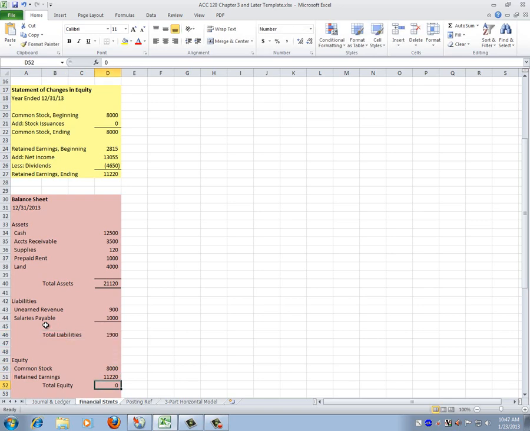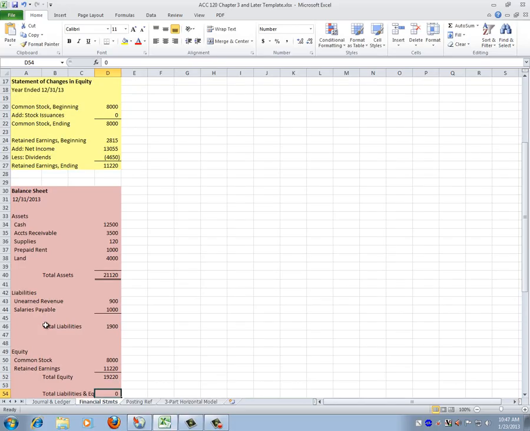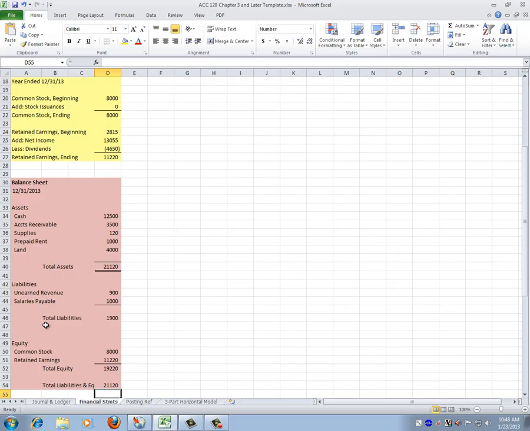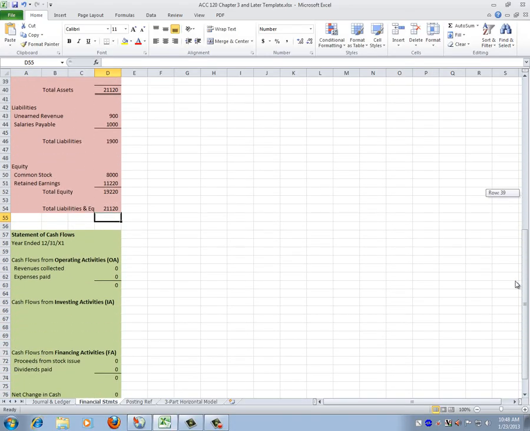Total equity today is 19,220, I can see. And making total claims, the liabilities 1,900 plus the equity 19,220, totaling 21,120, equaling our assets as it should. So we've proven the equation we set out to prove here on the balance sheet.